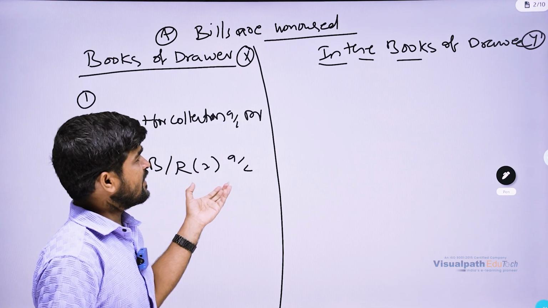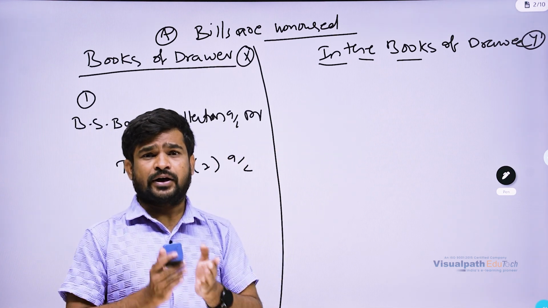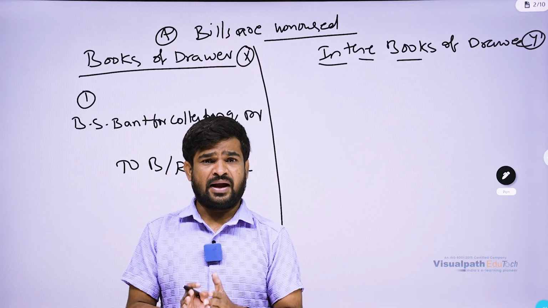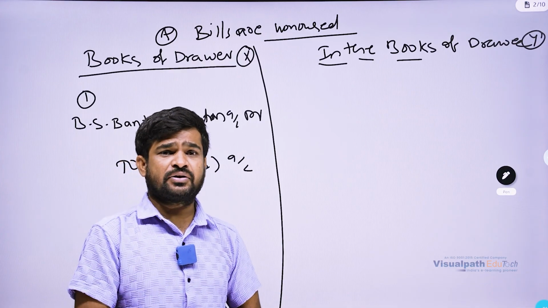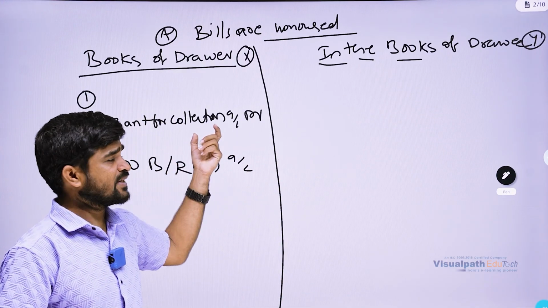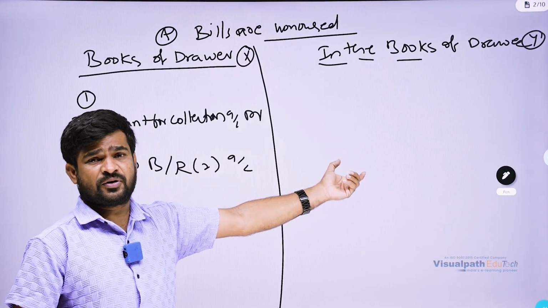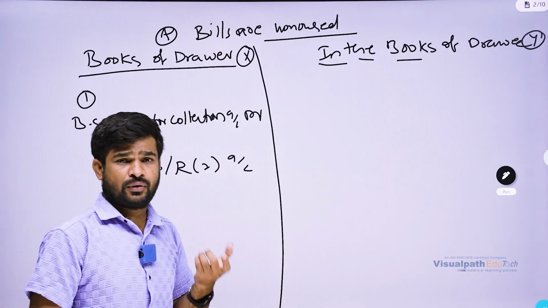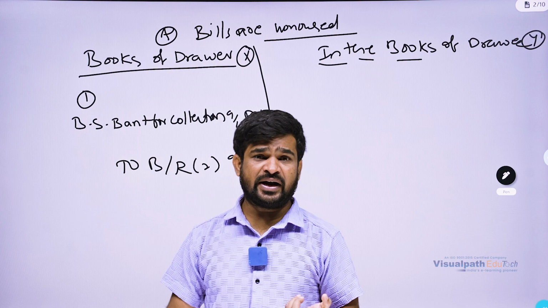What will be the entry in the books of the drawee? If the bill is sent to the bank, as I said, the drawer can utilize the bill in four ways. Either he can hold the bill, or discount, or endorse, or send it to the bank for collection. But whichever way he utilizes the bill, there is no entry in the books of the drawee. But in the books of the drawer, for every utilization there is an entry: for holding there is no entry, for sending to the bank for collection this entry will be recorded.